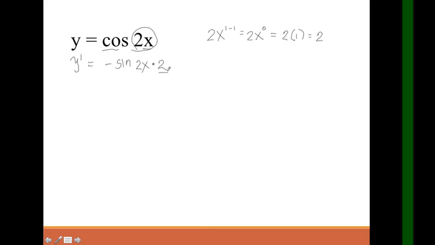Okay, that's why our answer is 2. Next, we will multiply 2 and negative 1, supposed to be. Di lang natin nakikita. Okay, so that's negative 1 times 2 is negative 2. Then, just copy sine 2x. So, the derivative of cosine 2x is equal to negative 2 sine 2x.